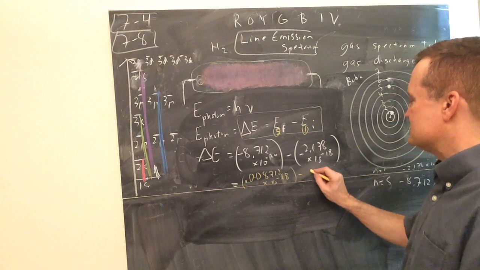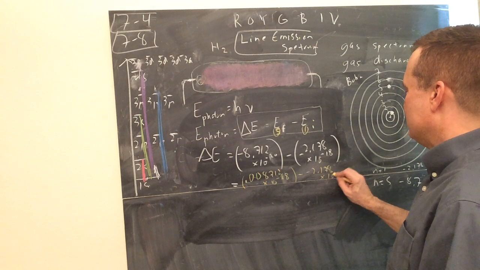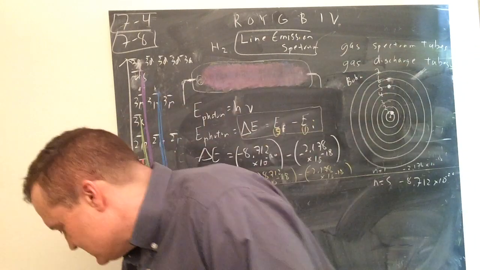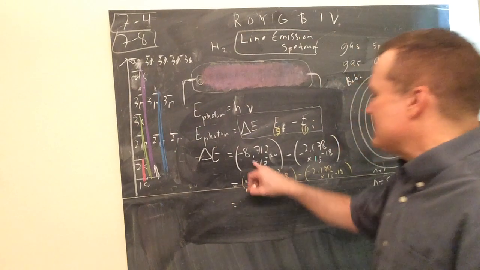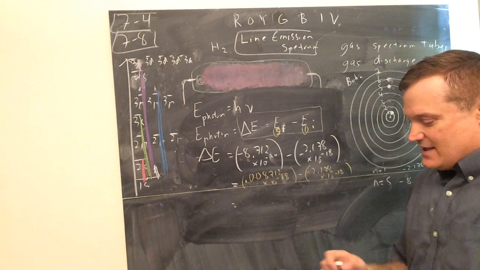That minus negative 2.178 times 10 to the negative 18. You don't have to do this. In fact, to not scare you, let's just type this in my calculator. Be very careful when you type this in.